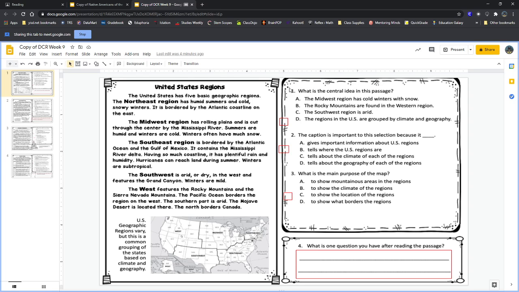Who thinks they know what is the best main idea for this passage? If they asked us what's the main purpose of this passage, what do you think it would be? What do you think the best answer choice? A, B, C, or D?